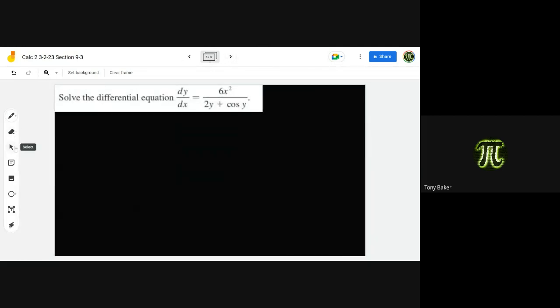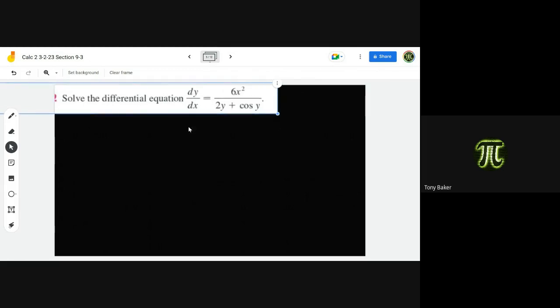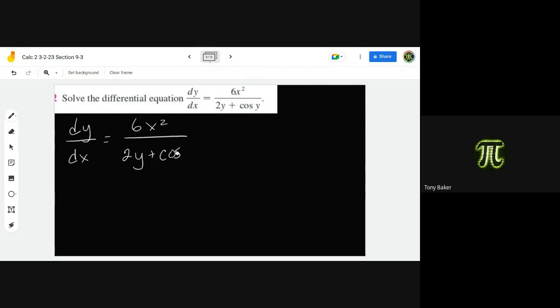All right, so let's look at this one. So I've got dy dx equals 6x squared over 2y plus cosine y.